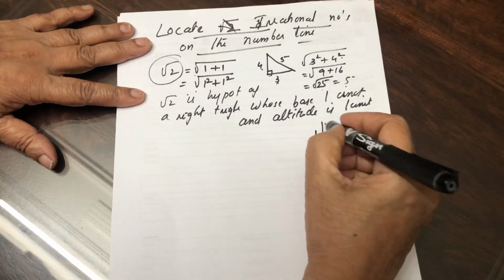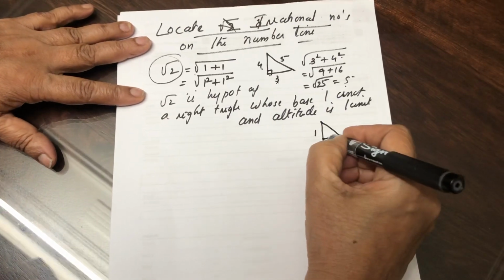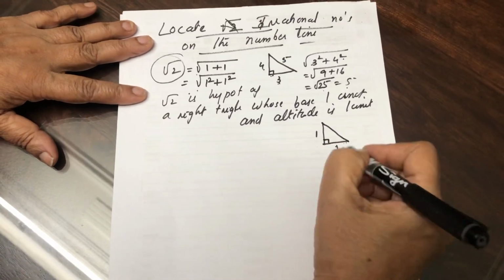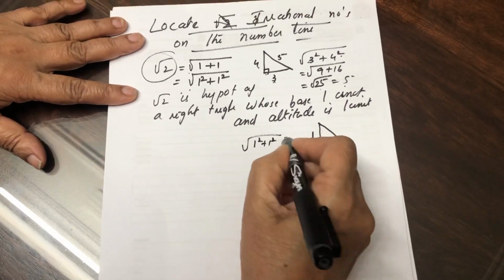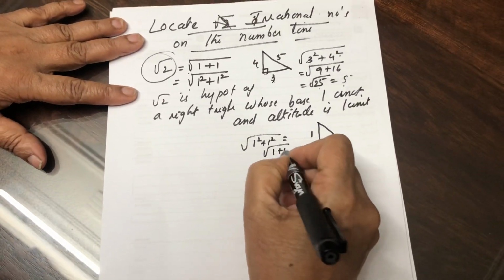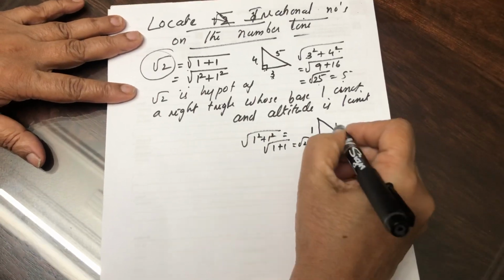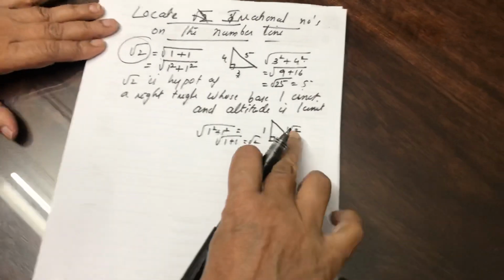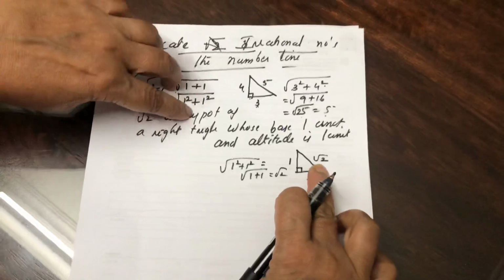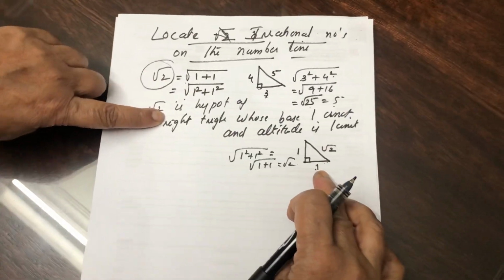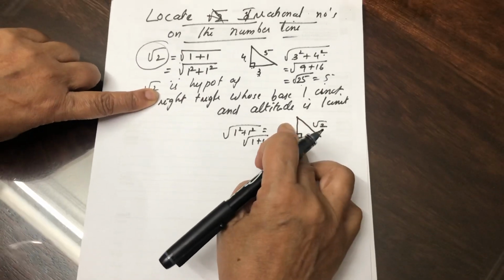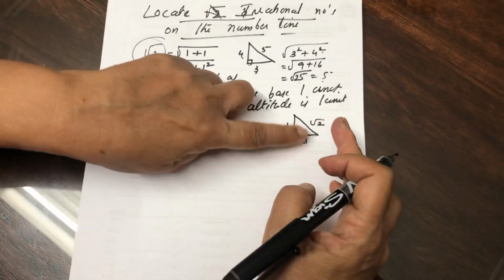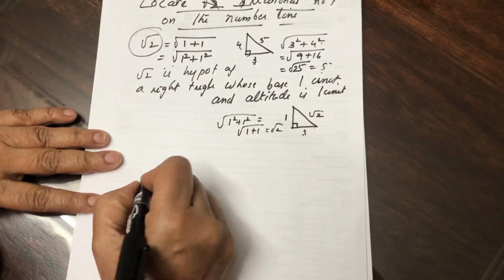Both should be equal. Then the hypotenuse is the square root of 1 squared plus 1 squared, which is root of 1 plus 1, root 2. So root 2 is the hypotenuse of a right triangle whose base is 1 unit and altitude is 1 unit. This one we are going to draw on the number line.